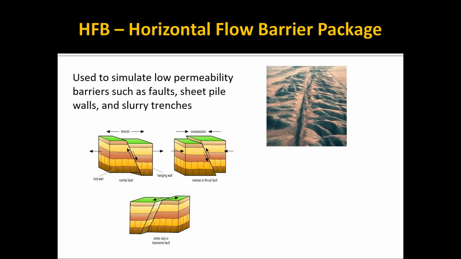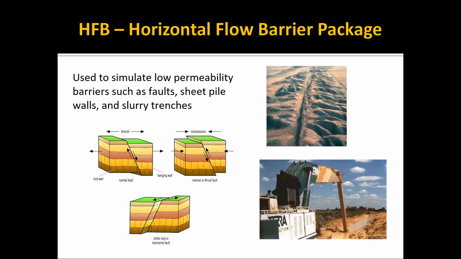There are cases where you can have a water table on one side of a fault be much higher than the water table on the downstream side of a fault. So as the water's progressing, for example, looking at this photo up here, if the water is moving from left to right, you could have a large head drop from the left side to the right side because of the low permeability materials along this fault. And sometimes we have to simulate that.